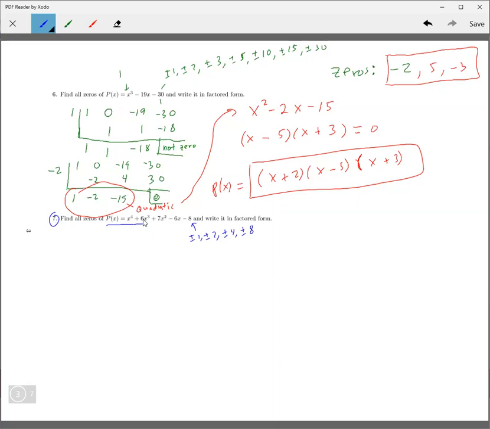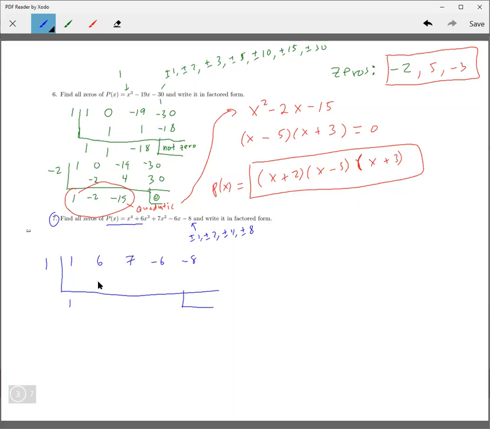If I change all these x's to 1, I get 1 plus 6, that's 7. Plus 7 is 14 minus, oh, this is minus 14, those two combine. So 1 is actually going to work. Let's go ahead and try that. So putting these coefficients down here, 7 is next, then -6, then -8.